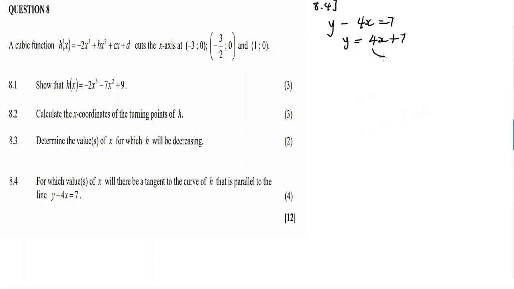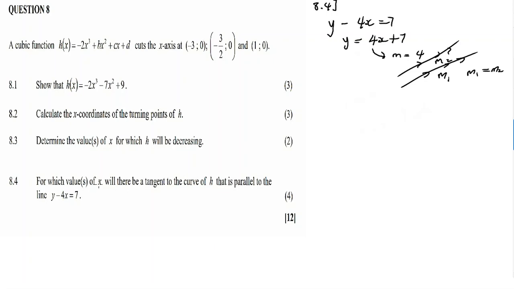So therefore 4 is the gradient. So when lines are parallel, their gradients are equal. Gradient 1 and gradient 2 are equal to each other.